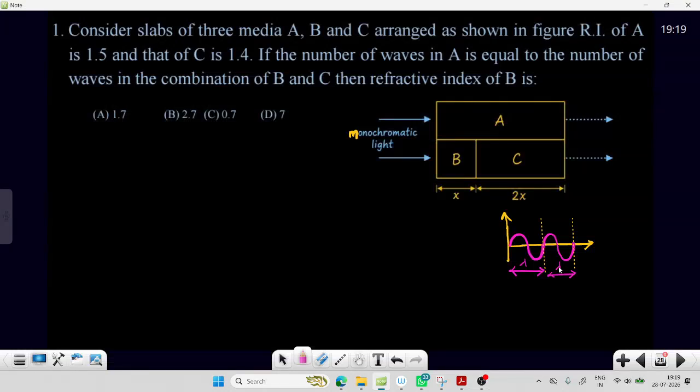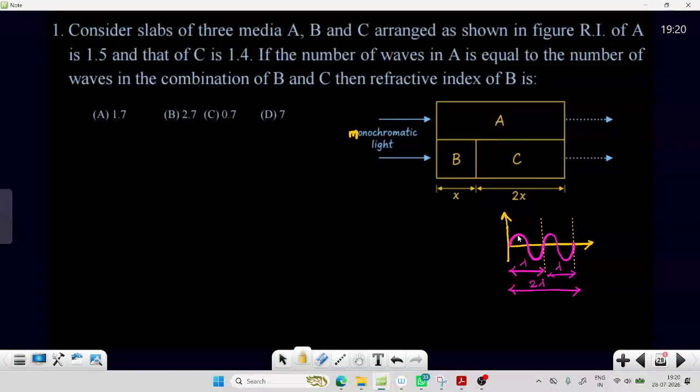So the total length from here to here is 2 lambda. That's why we have two waves here.